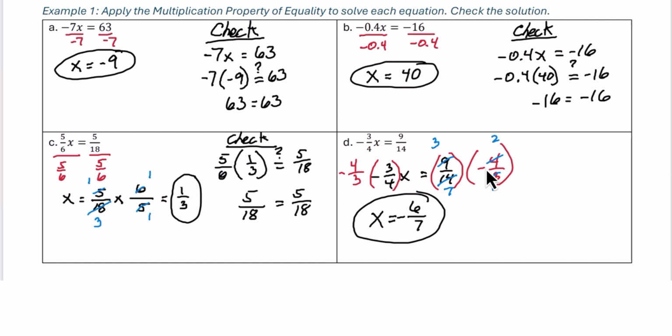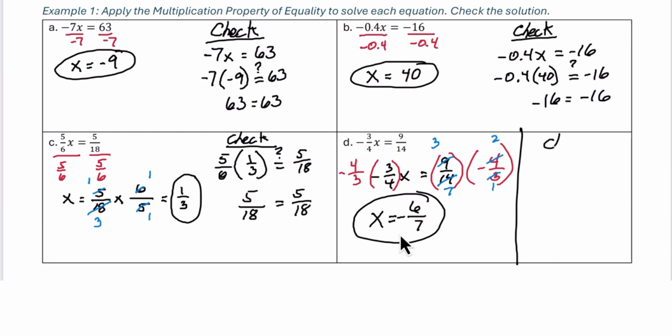We saved ourselves one step. Over here we divided by the coefficient and then we changed to multiplying by the reciprocal. We can essentially skip this first step and just jump straight into multiplying by the reciprocal of that coefficient on x. Make sure you do it to both sides, and the coefficient on x will always become a 1, which is what we want.